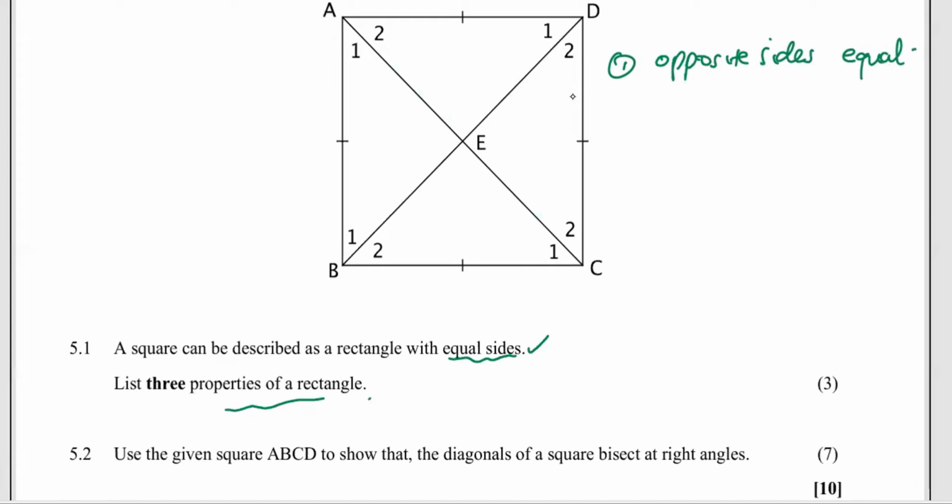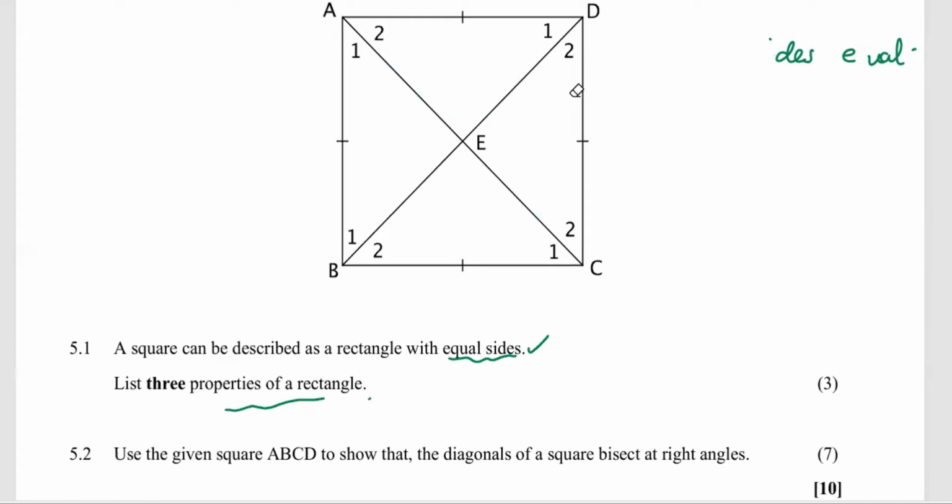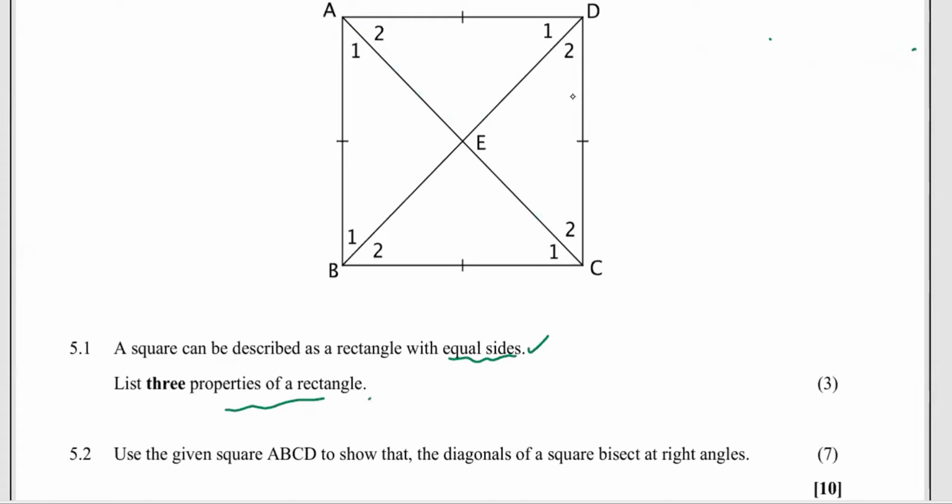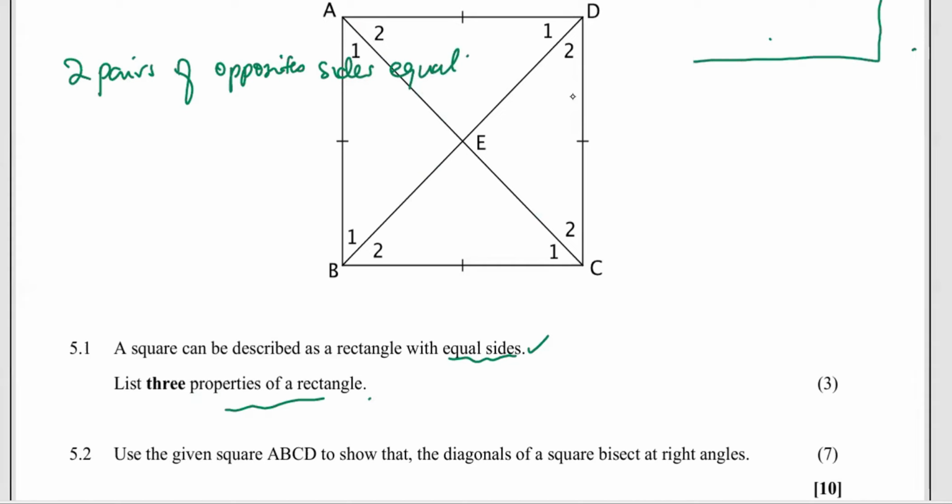In other words, we can say that we have 2 pairs of opposite sides that are equal.